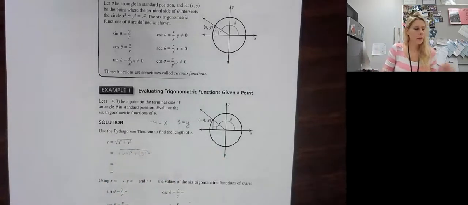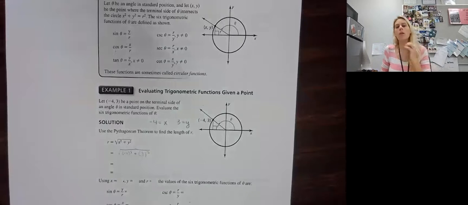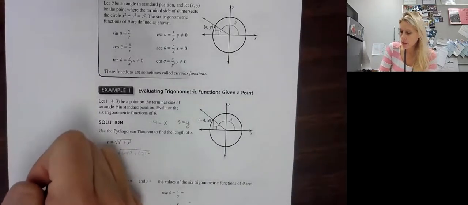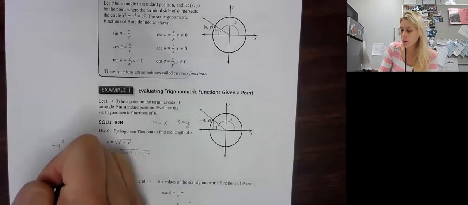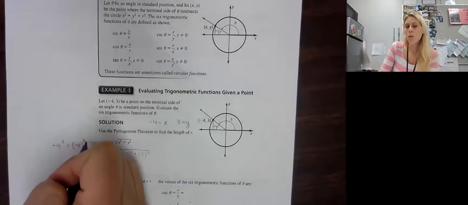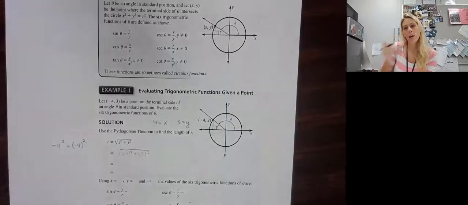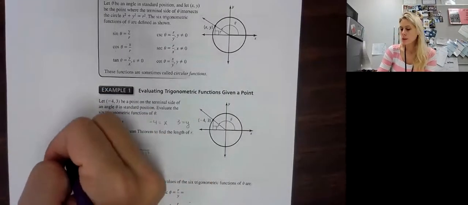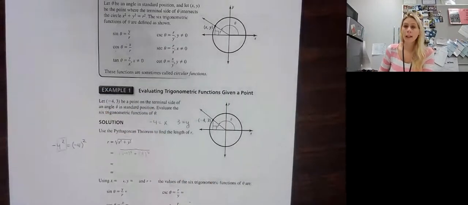Now, I want you guys to think about this, because we make mistakes by putting it into our calculator without the parentheses. -4 squared does not equal parentheses -4 squared. The reason why is because in our calculator, it's just saying 4 squared times -1.